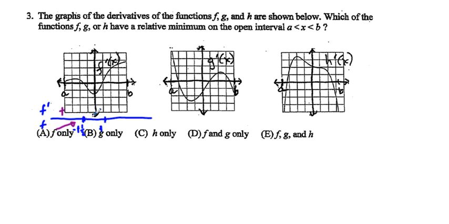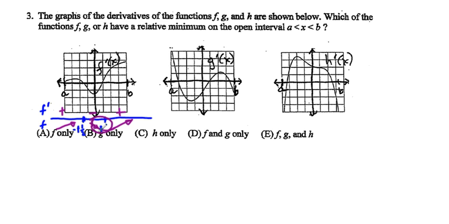Next, between -1 and 1/2 and 1, f prime is below the x-axis, so the function is decreasing in this interval. And to the right of 1, the function's increasing. And so we do have a relative minimum where f prime of x changes from negative to positive. And we can graphically kind of see that if we connect this, we see a minimum right here.